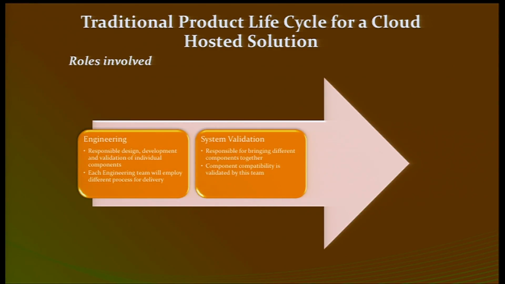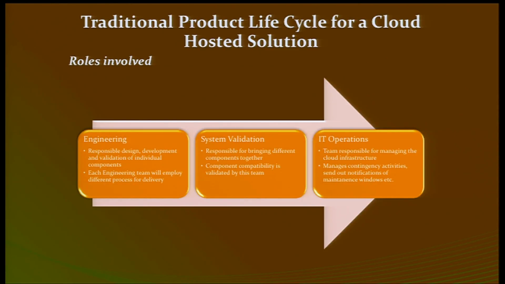The second would be a system validation team. This team would be largely involved in bringing different components of the solution together, integrating them, doing compatibility tests, and validating the end-to-end flow of the solution. Finally, IT operations is the folks who maintain the cloud infrastructure.